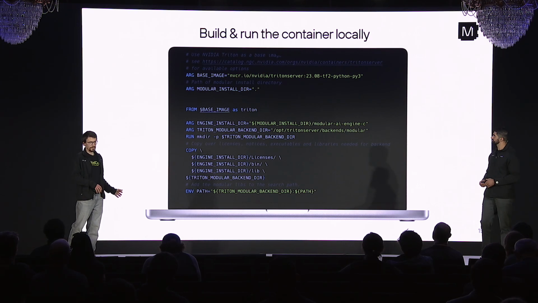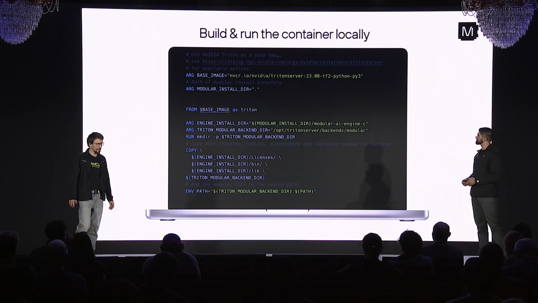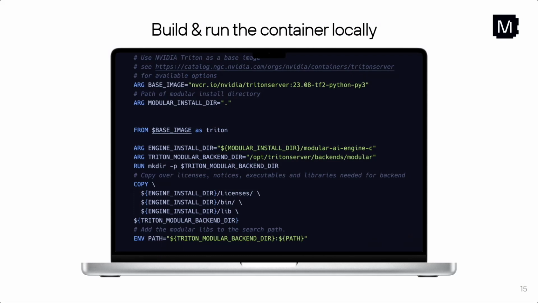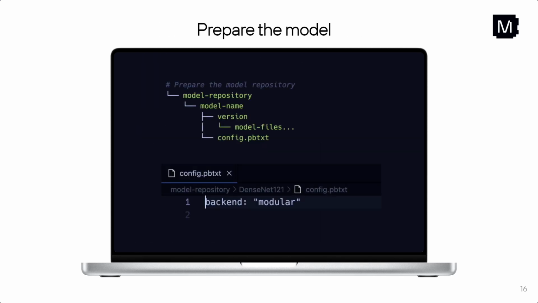We ship a reference Dockerfile with the MAX platform that you can use to start locally. It uses NVIDIA Triton as the base image. It copies the modular backend and all necessary libraries into the image. You just need to point it to the local modular installation directory. Triton expects models to reside in a specific layout.